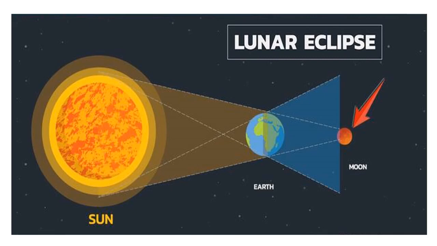Let us now try to understand lunar eclipse through diagram. Here you can see sun at one side. As usual, it is acting as a source of light. The moon on the another extreme side is acting as a screen. Our earth, which is present in between these two heavenly bodies, is acting as an opaque object.